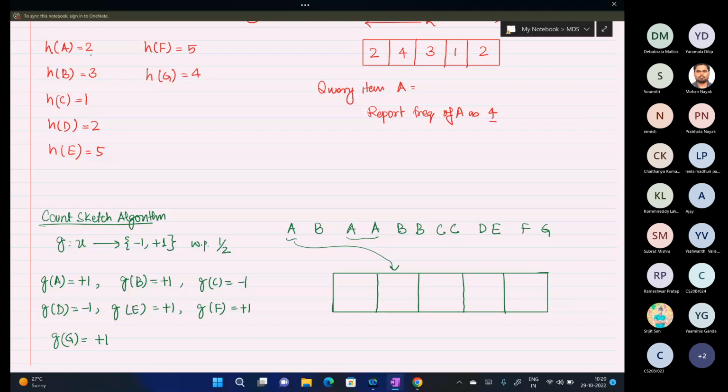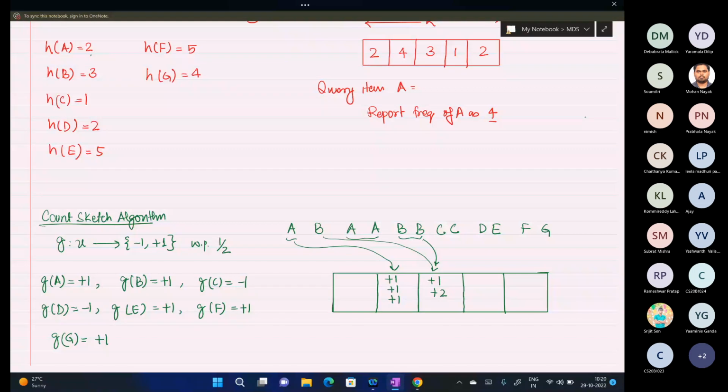So basically we'll add +1, +1, and +1. B maps to the third bin, and G of B is +1, so we'll add +1 over here. These two will again go over here and we'll add +2 for them.